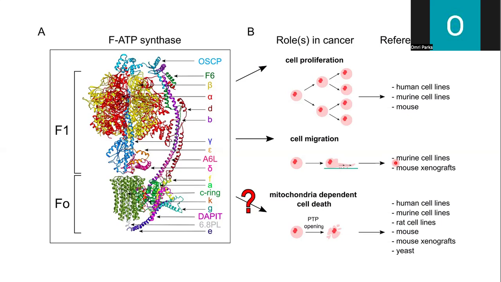Basically, what we're seeing here is ATP synthase localization and expression in tumor cells. This figure shows the expression patterns in tumor cells of various tissues.